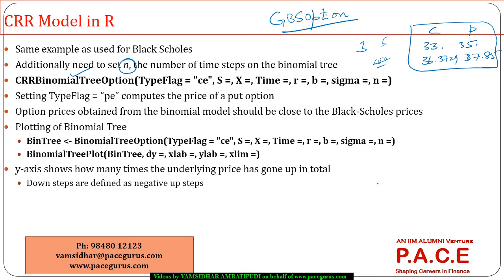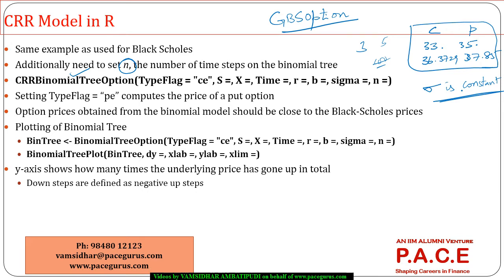We will see what could be the reason, because the model has assumed that for the entire period the volatility is constant. Sometime later we'll see that the volatility actually is not constant, and that is one primary reason we have these minor differences.